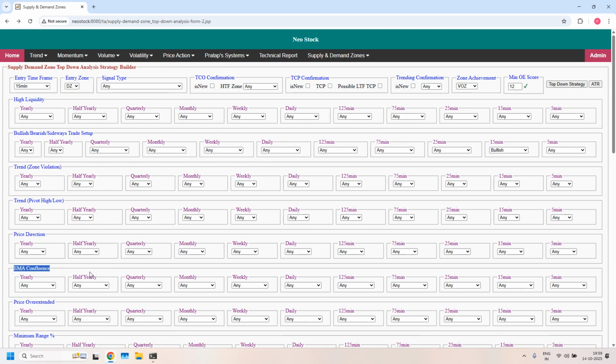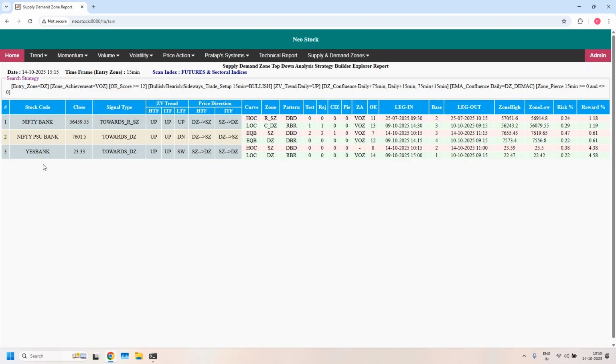And then EMA confluence, that is a daily demand zone with daily EMA confluence, and also the trend on the daily should not be sideways. It should be uptrend because it is a bullish trade setup. So we got three stocks. So these three daily demand zones have more high probability to get success, provided lesson 20 checklist items are satisfied, as per the second strategy.